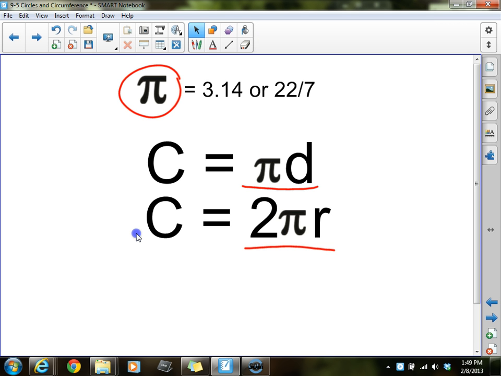I want you to clearly understand that both formulas mean the exact same thing. You can use both to get the exact same answer. My encouragement is that pi d is a little bit easier to use, so I would encourage you to use that one first. Okay? Now let's figure out how to use this.